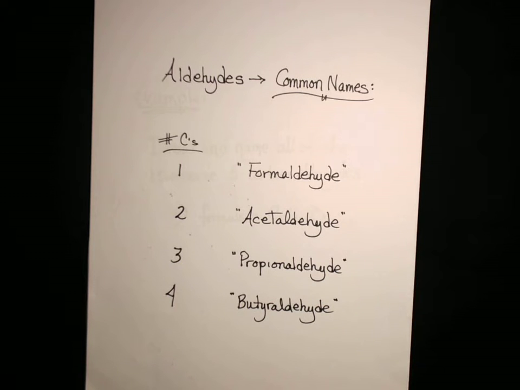Now, I hope you've noticed that in the examples of aldehydes that we've seen, the carbonyl carbon is always on the end of the chain. That is no coincidence. With aldehydes, the carbonyl carbon is always at either end of the chain, and it will always be designated as carbon 1.